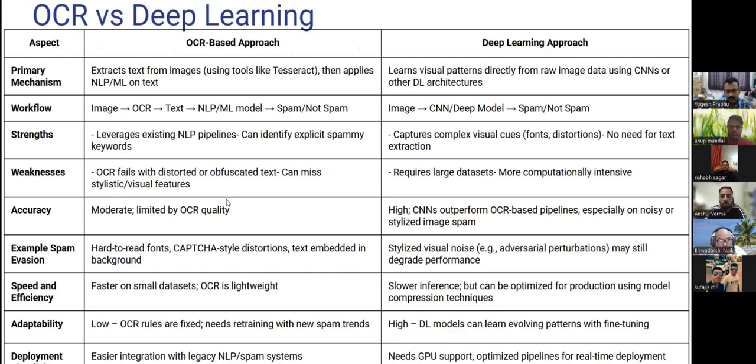Coming to the direct comparison between the OCR and deep learning, when comparing the OCR based and the deep learning approaches for image based spam detection, each has its own strengths and trade-offs. OCR based methods like using Tesseract or EasyOCR focus on extracting text from images and then applying NLP, natural language processing algorithms, or traditional machine learning models to classify spam.